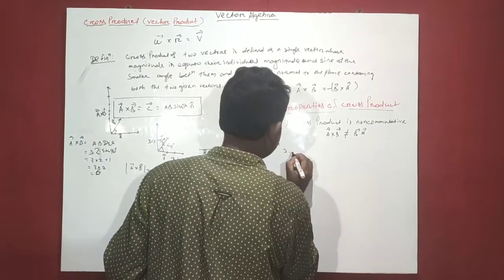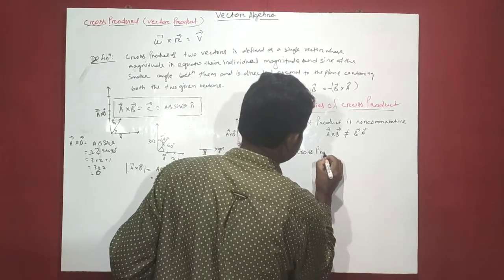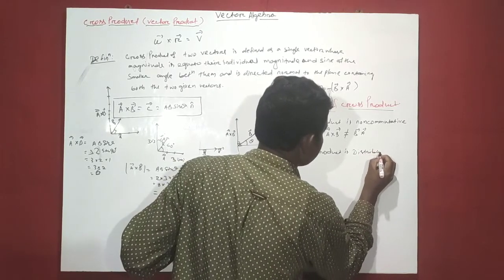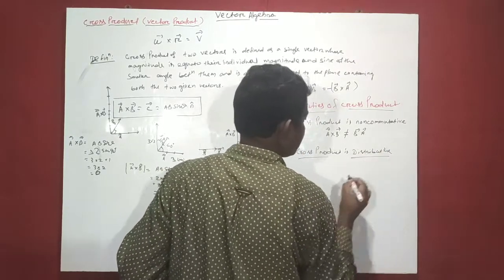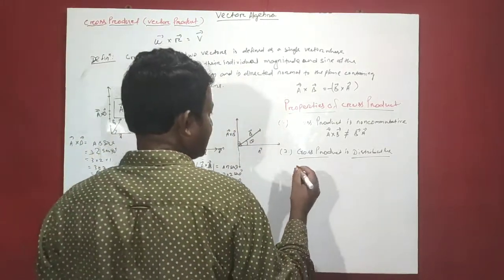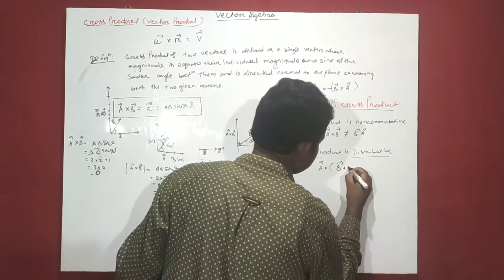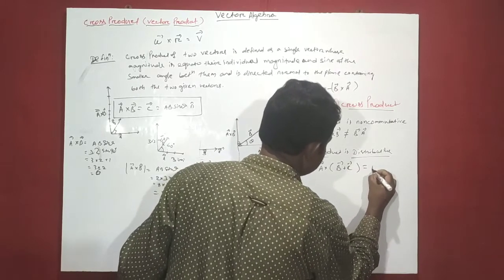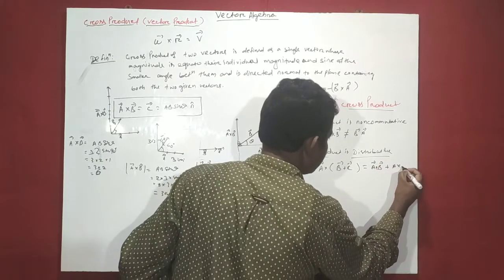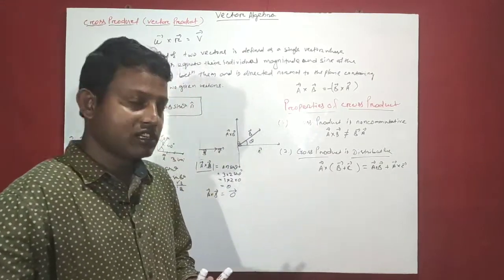Next, cross product is distributive. That means when we express A cross (B plus C), it equals A cross B plus A cross C. Here also the cross product distributes.